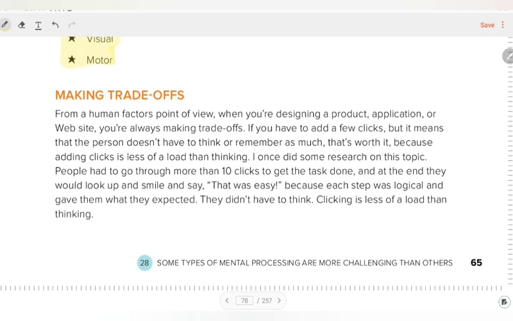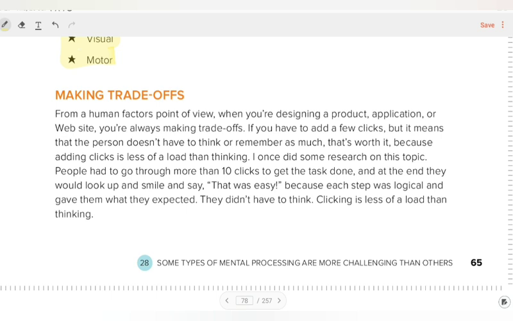Making trade-offs. From a human factors point of view, when you're designing a product, application, or website, you're always making trade-offs. If you have to add a few clicks, but it means that the person doesn't have to think or remember as much, that's worth it, because adding a click is less of a load than thinking.